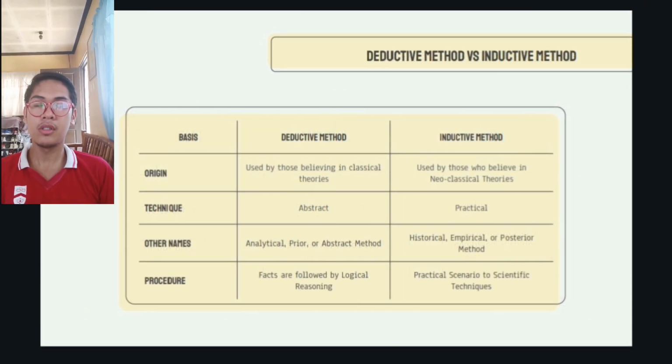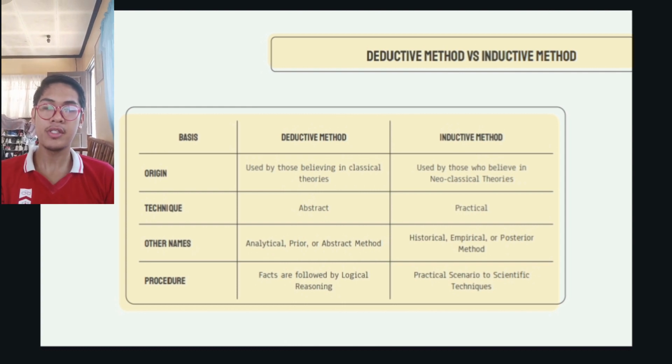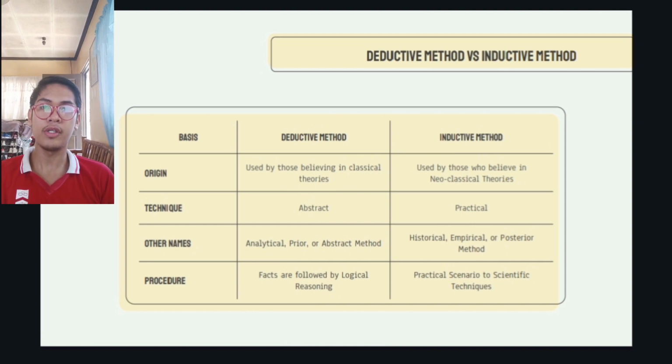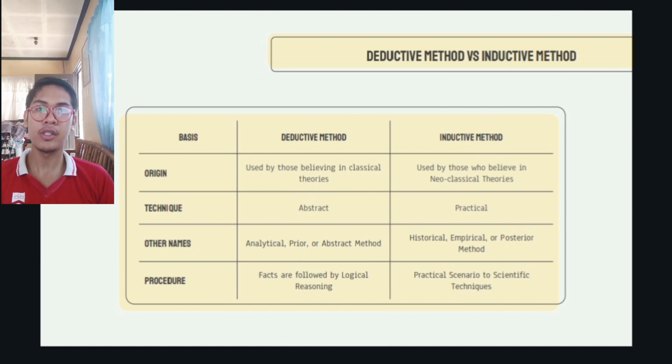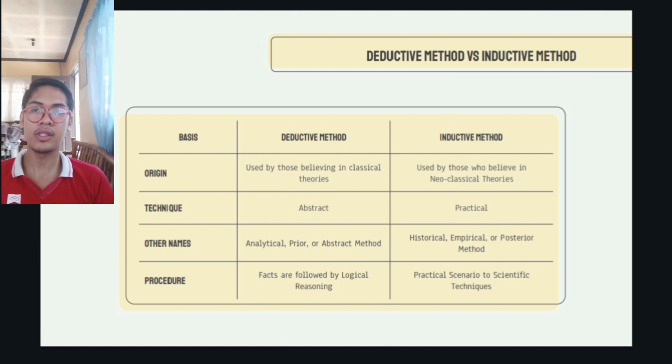So this is the difference between deductive method versus inductive method. So basis in origin, deductive method is used by those who believe in classical theories, while inductive method is used by those who believe in neoclassical theories. In technique, deductive method uses abstract, while inductive uses practical.